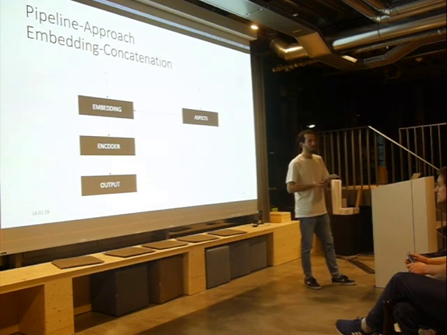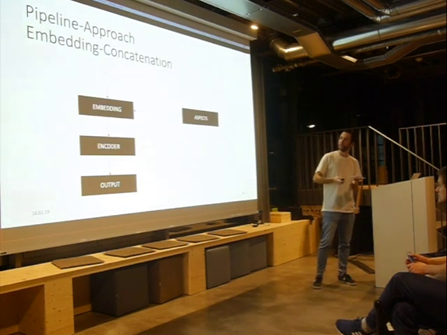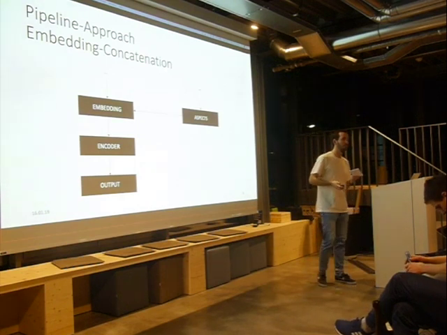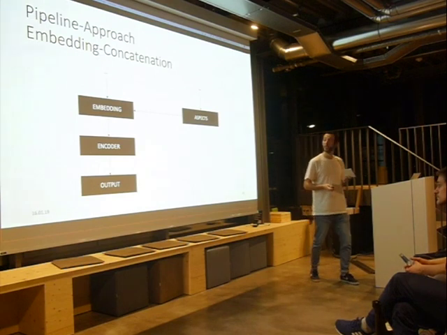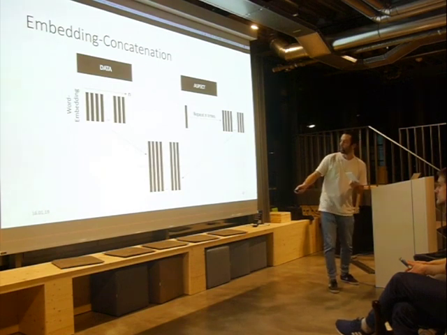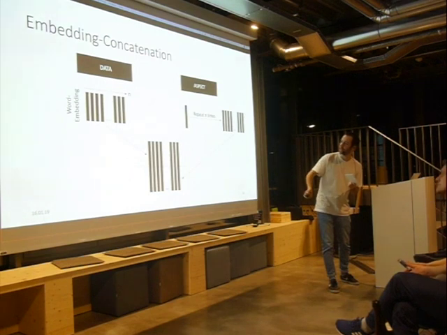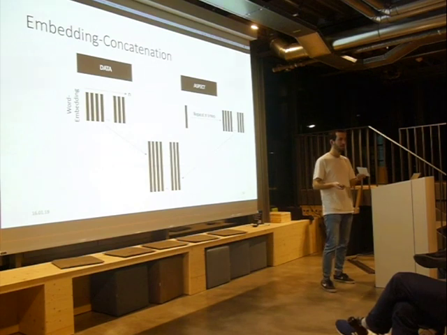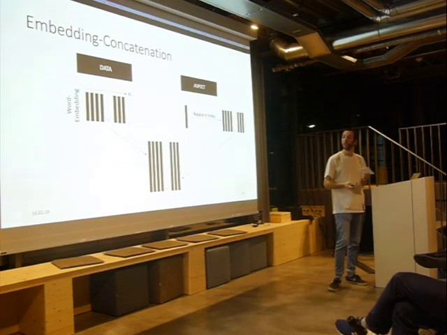We again have two options how we could inject the aspect into our system. The first one is on the embedding level. So we take a representation of our aspect and just concatenate it to each word embedding of our sentence. Then the concatenated embeddings are processed as usual.